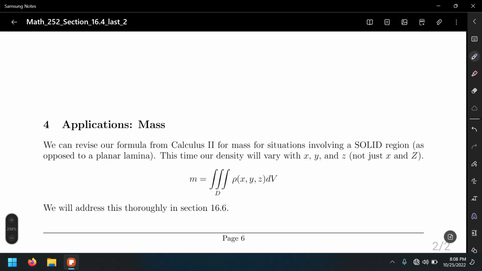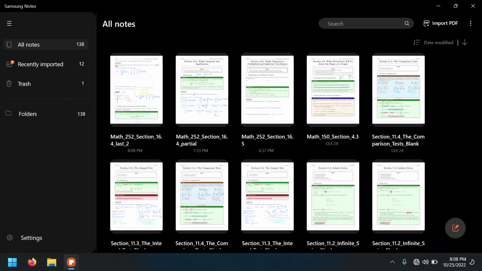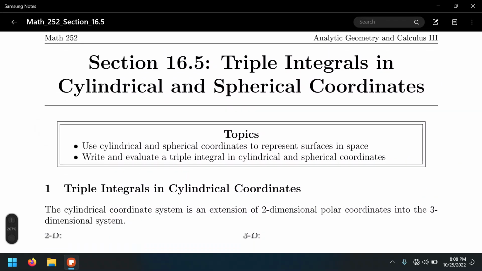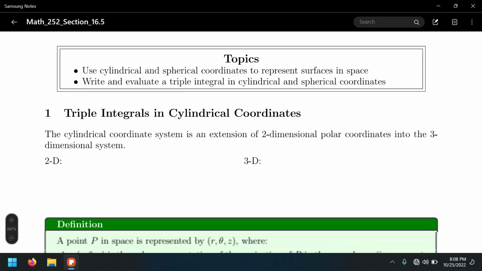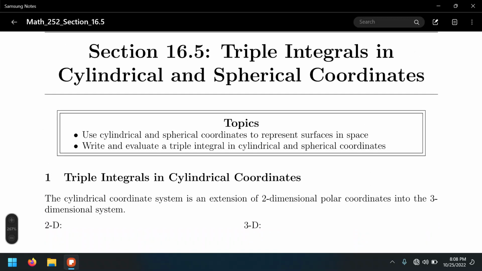16.6. In the meantime, let's go to 16.5. I don't know if I want to touch base on it, but let's do at least a little bit of cylindrical coordinates. So, double integrals at the beginning, some of them were rather tedious to compute.